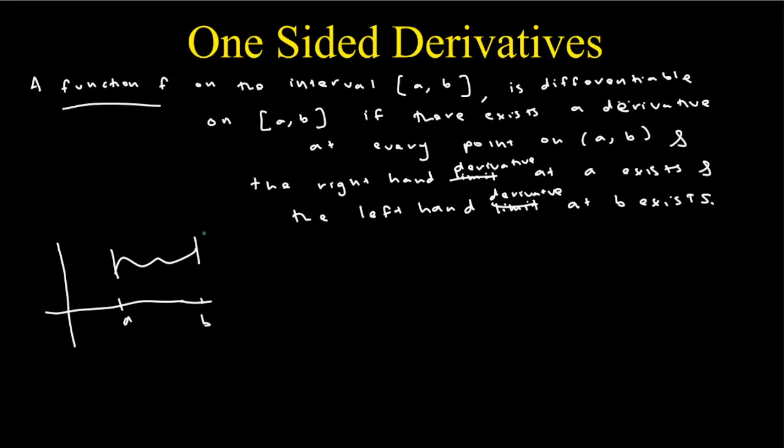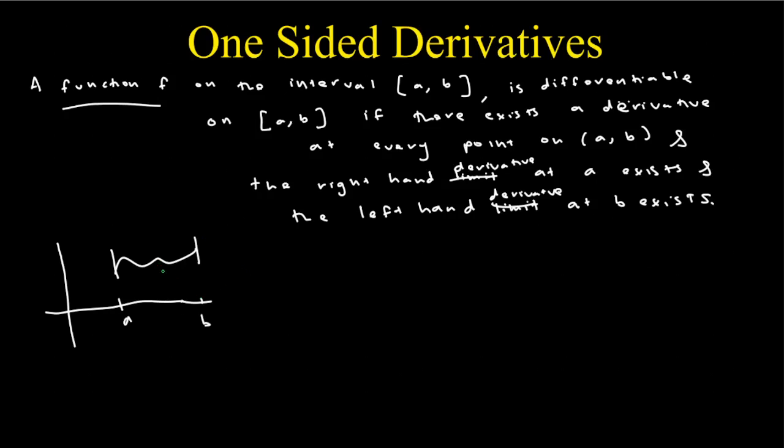If we try to use that at b, we have to do b plus some h, but we don't have that. And similarly, we don't have anything before a to get the derivative too. That's why at endpoints we use one-sided derivatives.